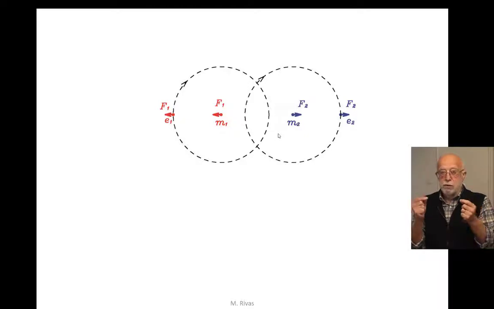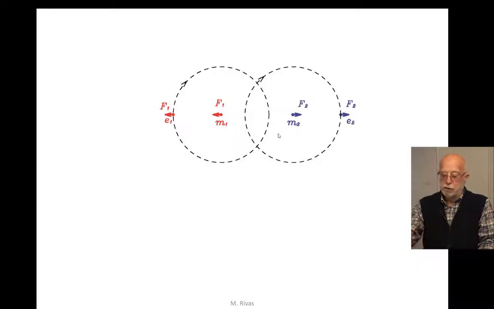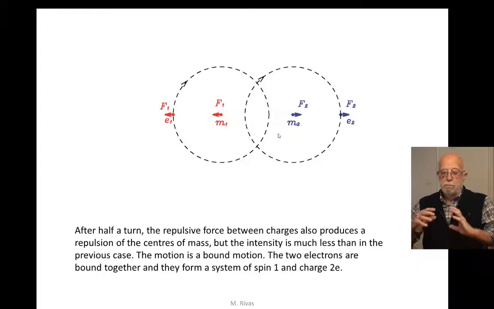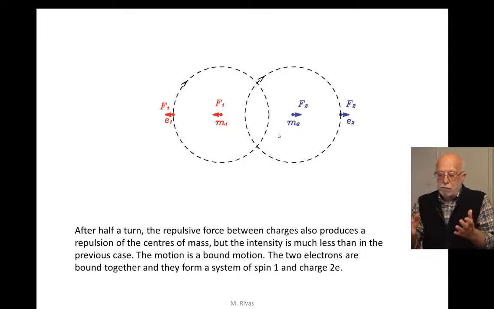But the two charges are far away compared with the previous situation, so the intensity of this repulsive force is much, much lower than in the previous case. So the complete analysis of what produces this bound motion, the integration of the differential equation, has been obtained. Now, this is a system of spin 1, angular momentum 1, and charge 2.